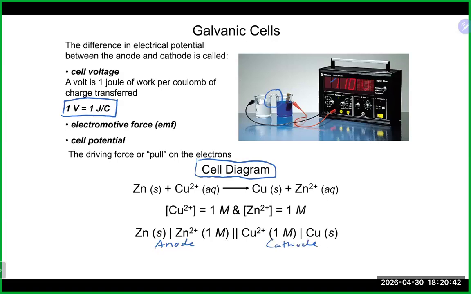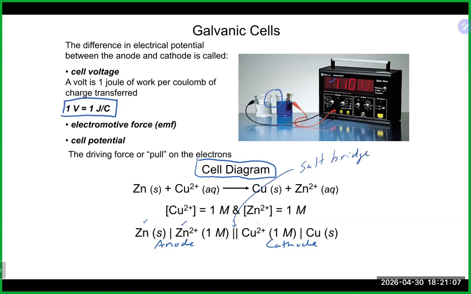That is always the order in which you write a cell diagram. And you basically have both parts here. In our anode compartment, we have our zinc and our zinc ions floating around. The two lines here represent the salt bridge.